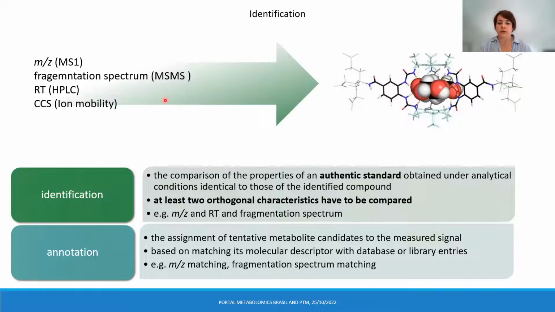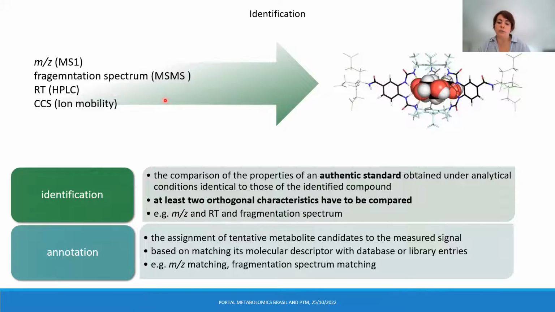This term, orthogonal characteristics, is also very important, because it refers to the fact that in the identification process we should use information from different sources. What does that mean from a practical point of view? We cannot use for the identification only the mass matching and MS/MS fragmentation matching, because both MS information and MS/MS information came from the mass spec.